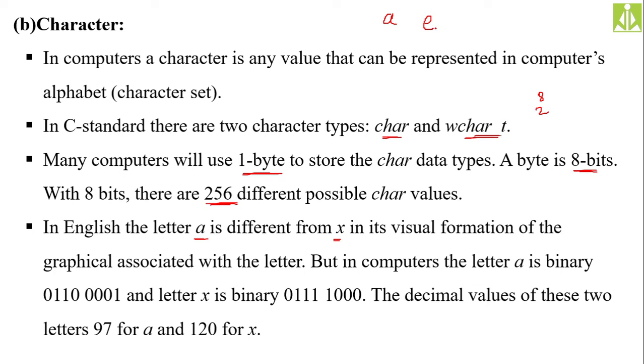In a computer, it is going to have its associated binary value, because your computer will understand only binary values, only machine language instructions, binary numbers. So this letter E or letter A is going to have its equivalent binary value.